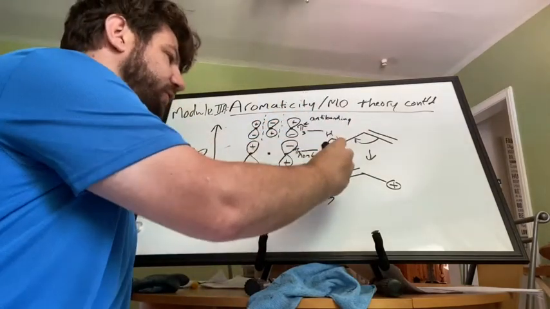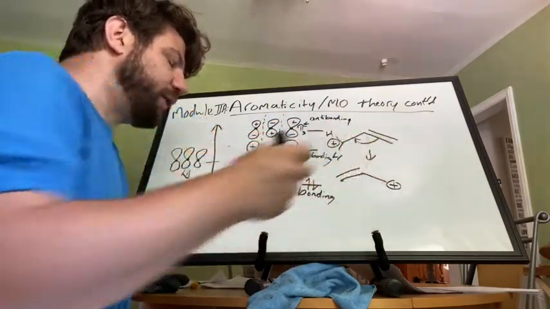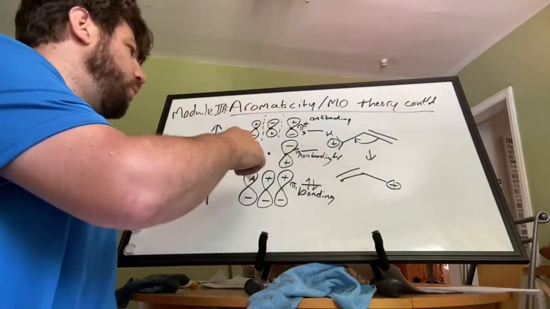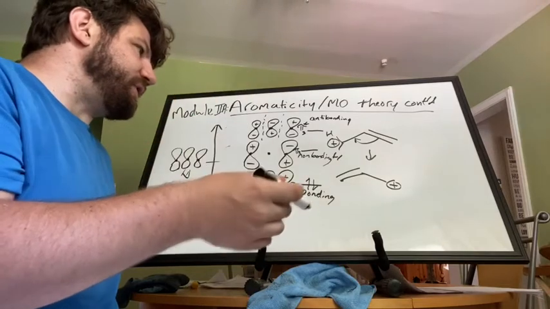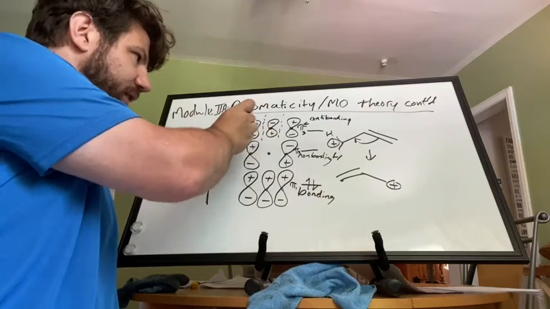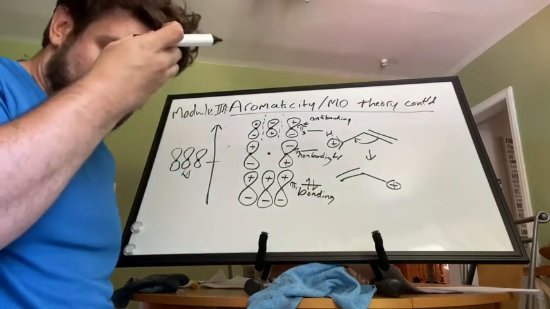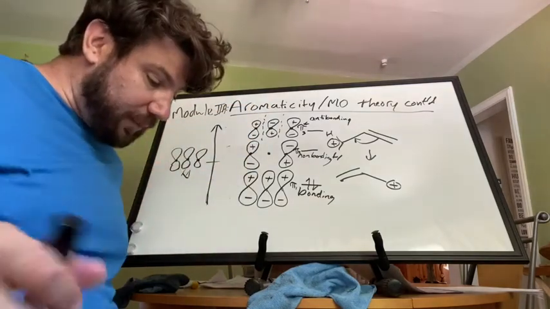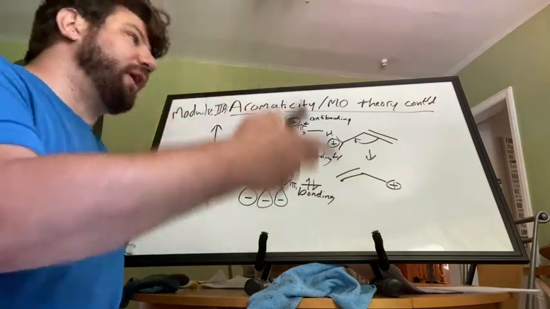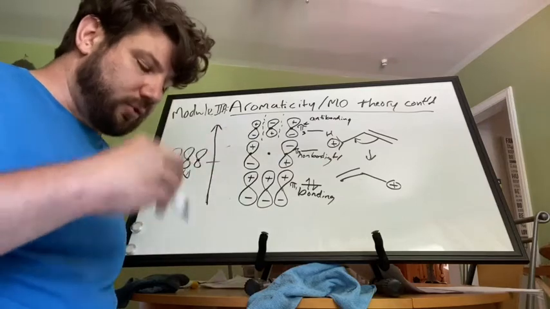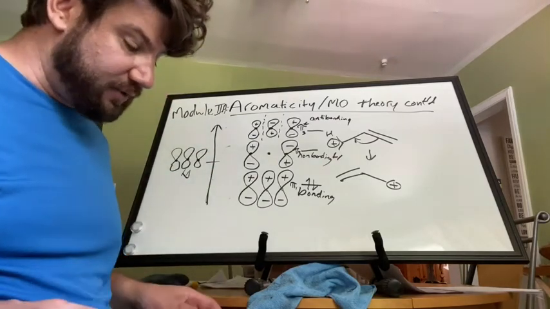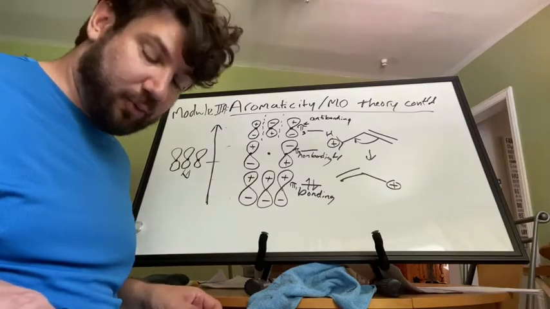You'll see these lobes in each one, and that's a good way to show agreement in phases, like how I've depicted right here. But molecular orbital theory or molecular diagrams, where you see those overlaps, give a better depiction of those particular orbitals.